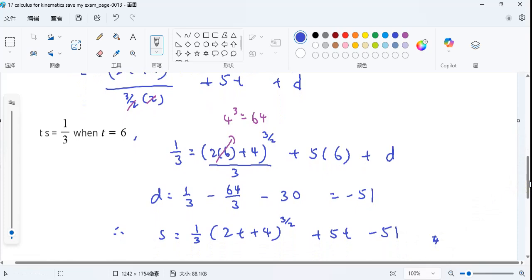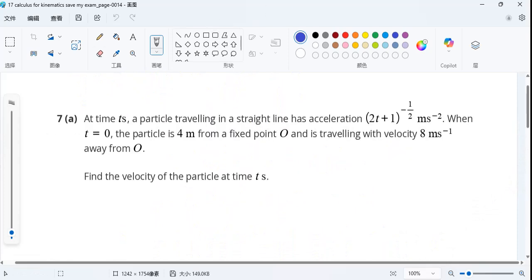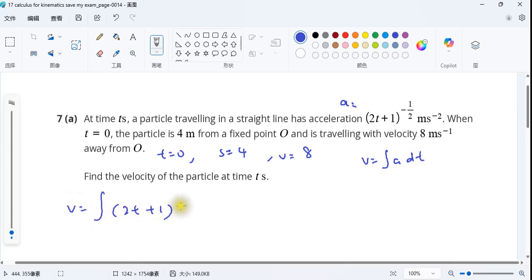Okay, that question number 7. At time t, particle travel in a straight line. Acceleration is this. T equal to 0. Particle is 4 meter from fixed point. And then the velocity is 8. So we know that v is integrate a dt. So v will be integrate 2t plus 1 to the power negative half dt.